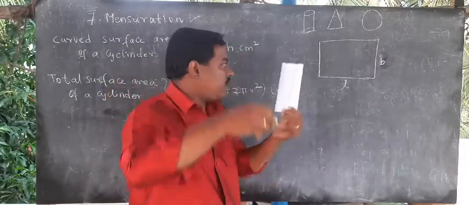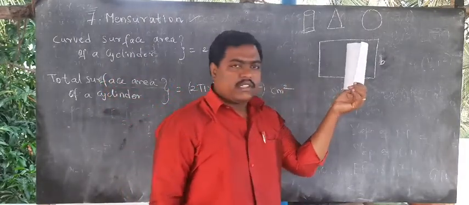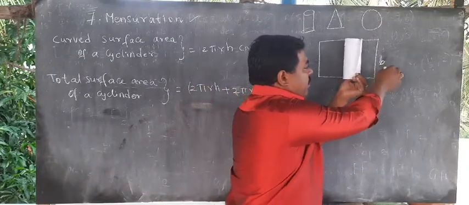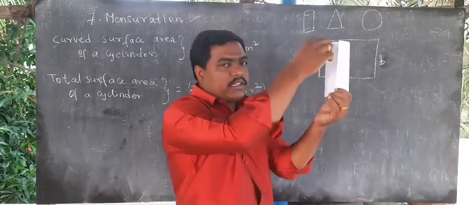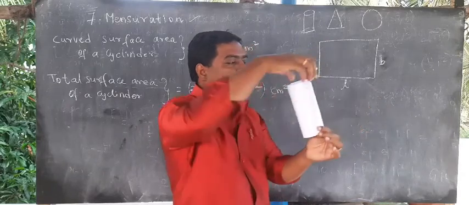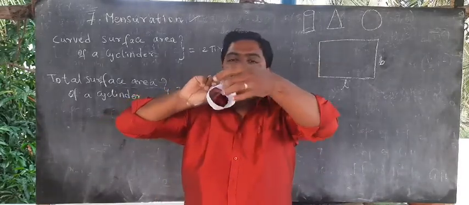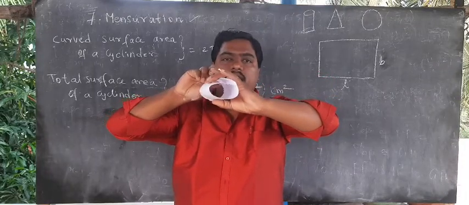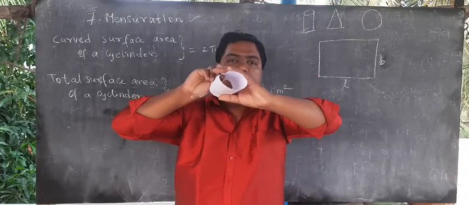Here, when we change the shape, the breadth will be converted into H. This is H now, and this will be the circumference. The paper is like a cylinder, a circle shape, circumference of a circle.